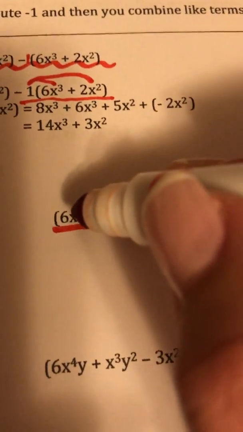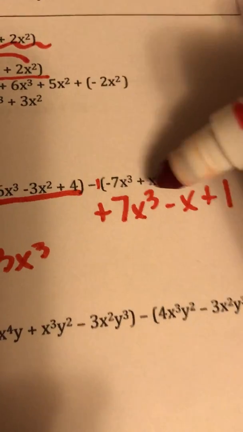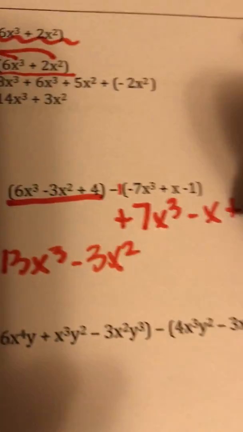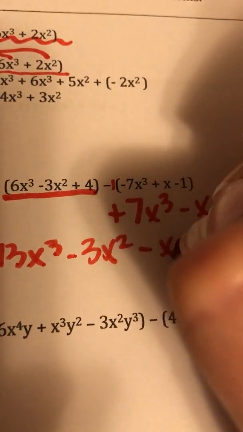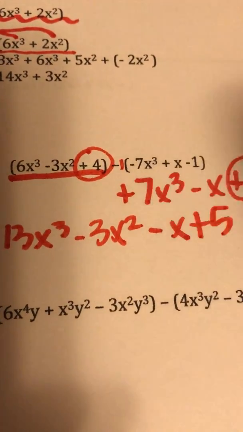So 6x to the third plus 7x to the third is 13x to the third. We do not have an x squared over here, so we're just minus 3x squared. There's no x here, but I do have a minus x here. And then we have plus 4 plus 1, so plus 5.